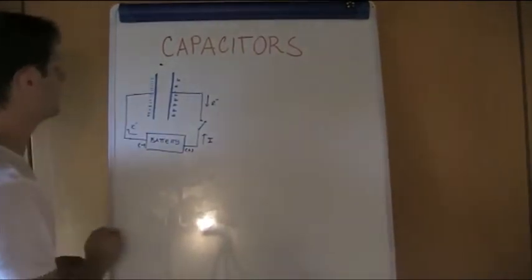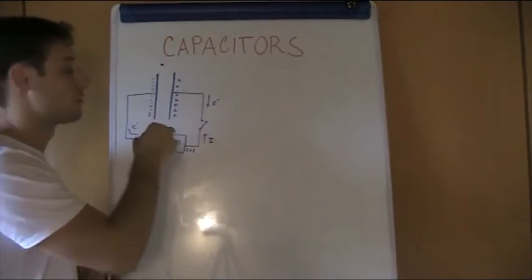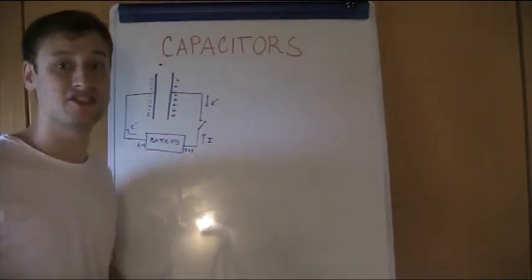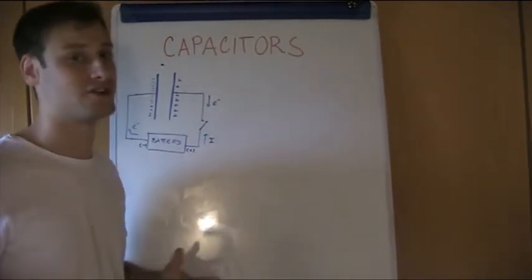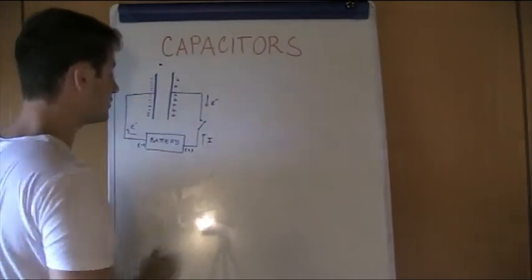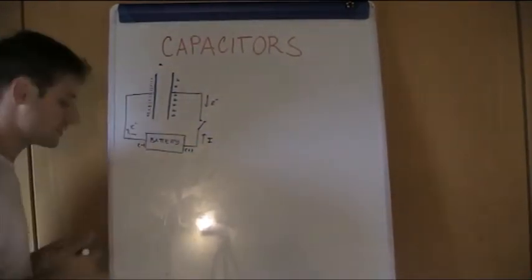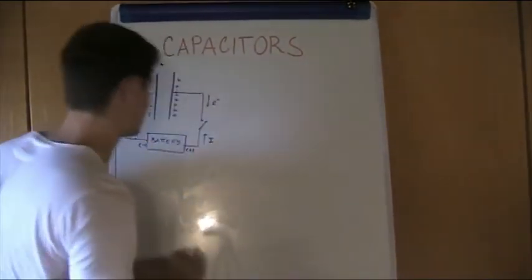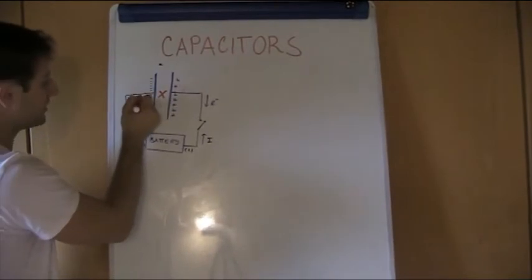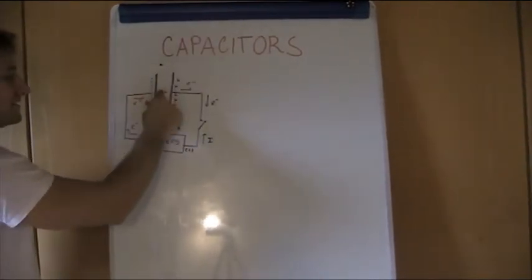So we have a structure composed of two metal or conductive plates, and in between we have the dielectric, or vacuum, or something which is not able to conduct electricity. For this reason, even if we close the circuit and a real current is flowing, we cannot appreciate the passage of electrons here. Electrons enter here and escape from here, but without passing inside this zone.